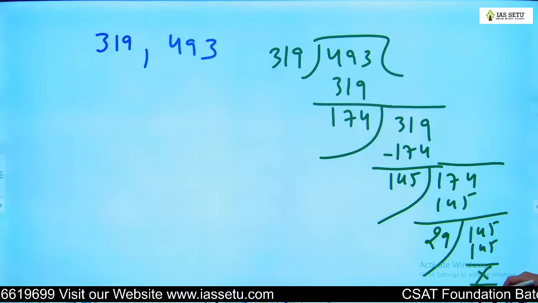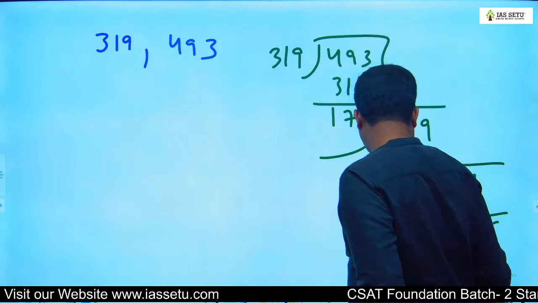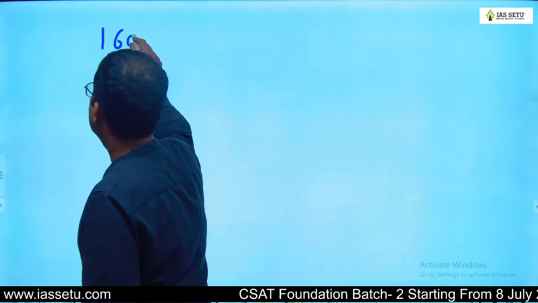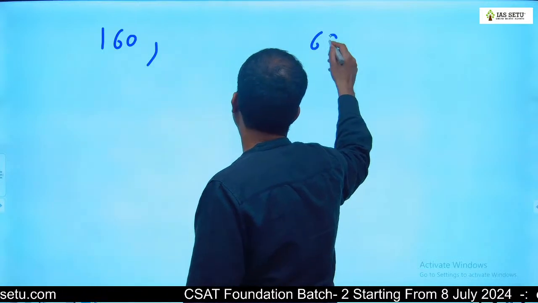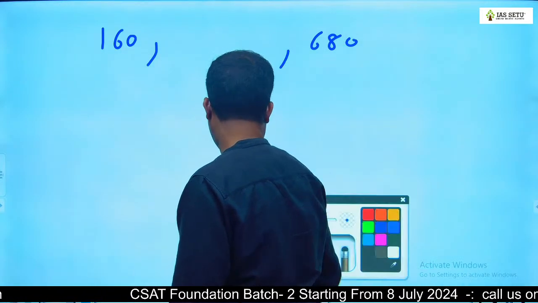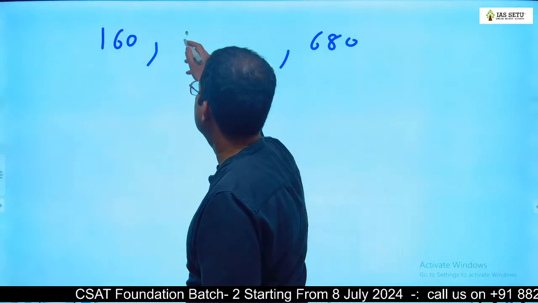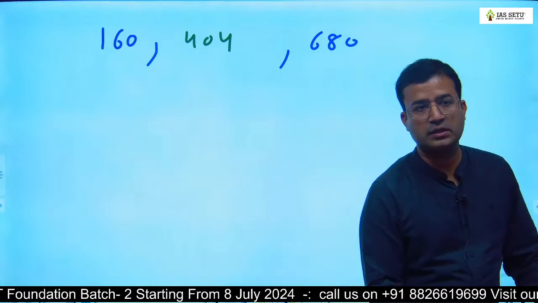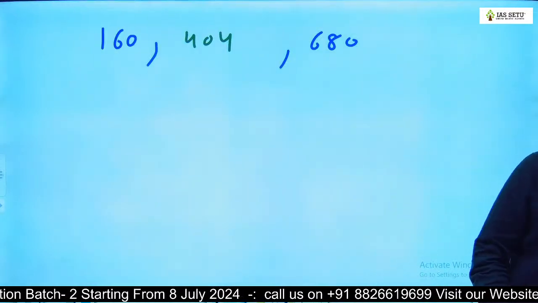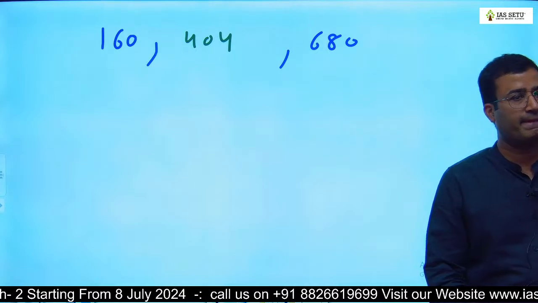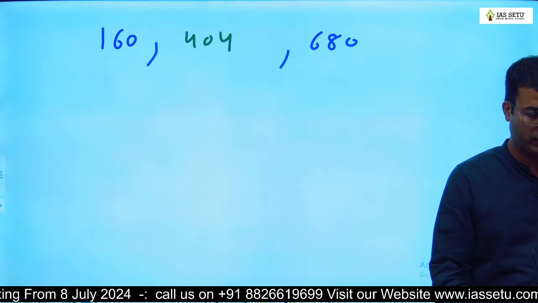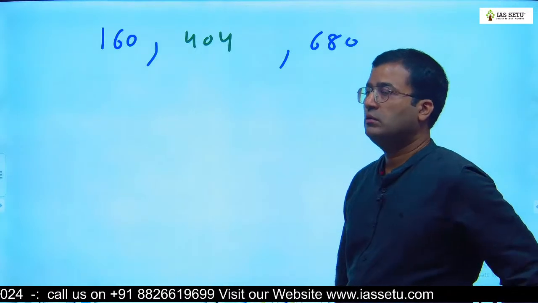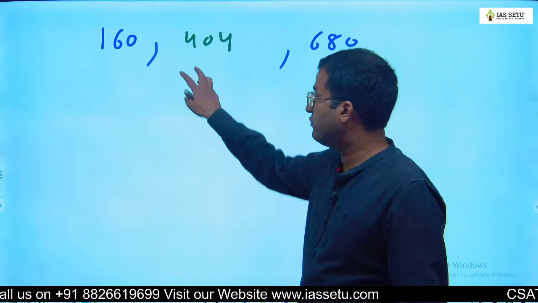If there are more than two numbers, like 106, 404, 600, now we will not do this.